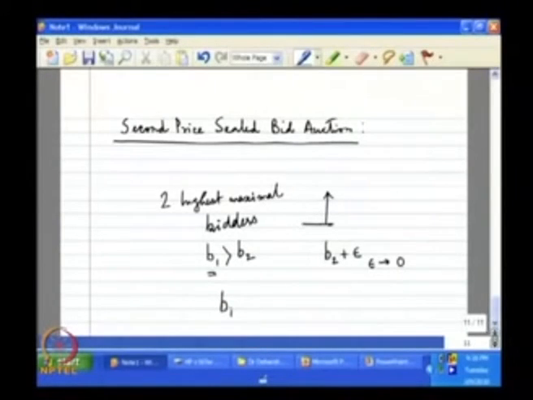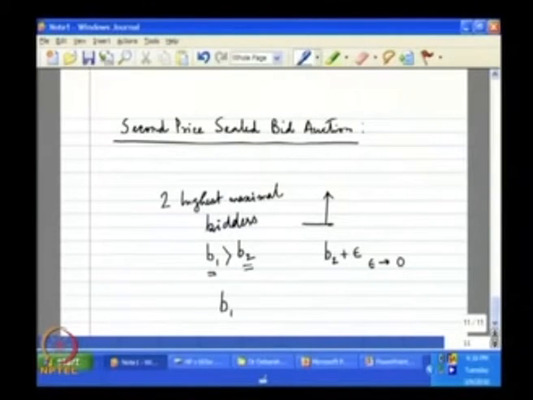I submit whatever my maximal bid is, but if my bid is the maximal, suppose my B1 is the highest, then I will get the object, but the price that I will pay is not this B1, but this B2. So, by this technique of sealed bid, what we want to do is to replicate the original auction, where people can see each other's bids, but here people cannot see each other's bids.